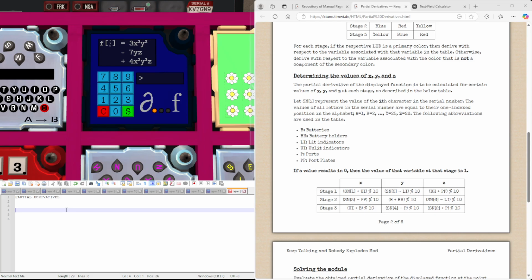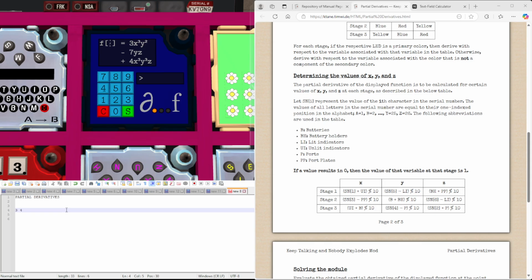On stage 1 we have SN1, which is 11 plus unlit indicators, 11 with 13 to 3. So number 5 is 14, minus indicators 14 to 4. Barrier holders plus port plates is 0 plus 3, so 3.